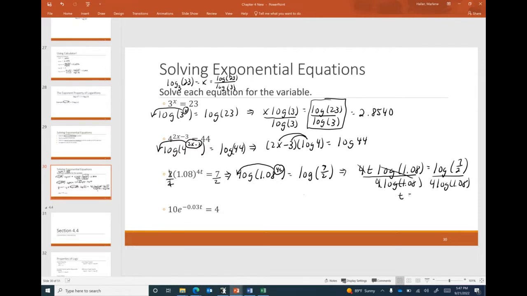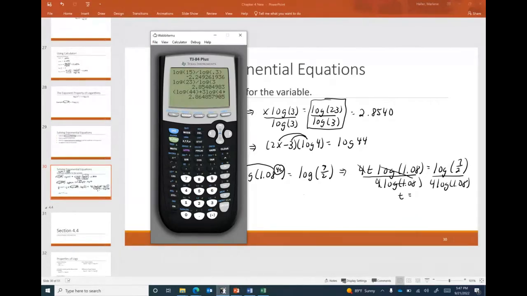Let's put that in the calculator and see what that value is. Okay, log of 7/2, divided by, I'm going to use parentheses in the denominator just to be safe, 4 log 1.08.